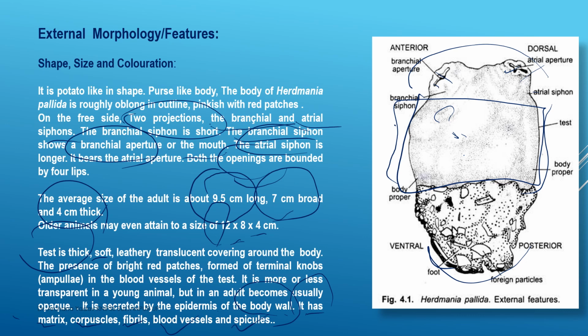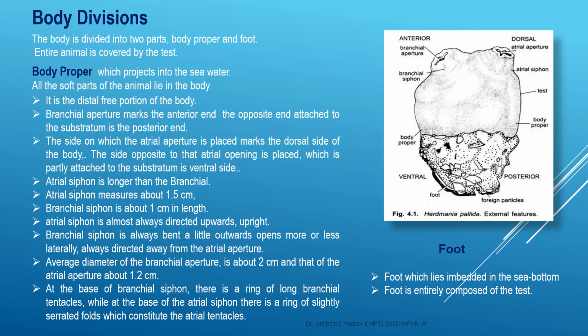Now about the body division. The whole body is divided into two parts. Number one is the body proper and number two is the foot. The body proper is broader and longer than the basal part.